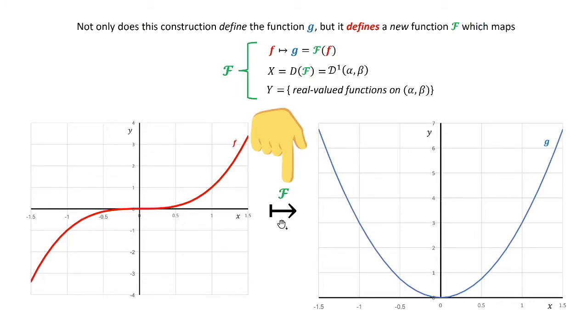This is a function that takes functions in and spits functions out. So I'm not going to call it little f. I've already used that. So let's call it capital F. So there is such a function. Again, the inputs have to be differentiable, because for each point, I need a slope of a tangent line. And that's what we get if we're differentiable.